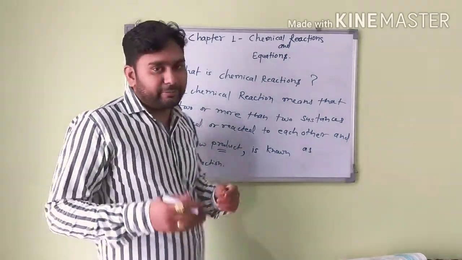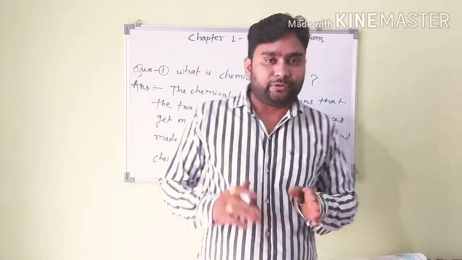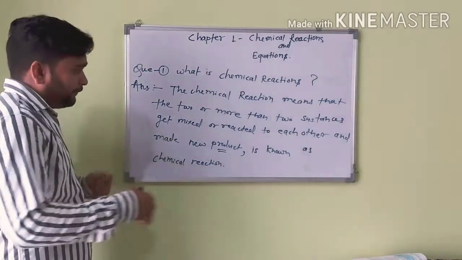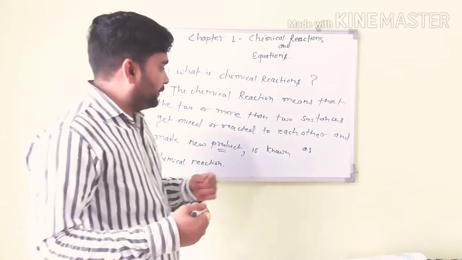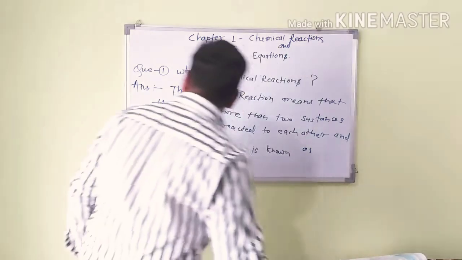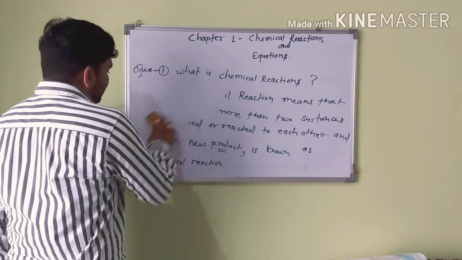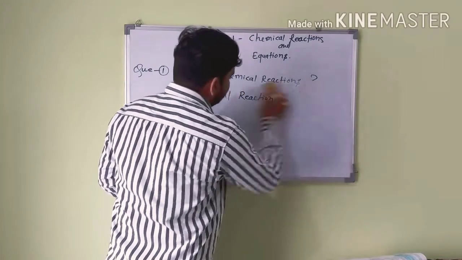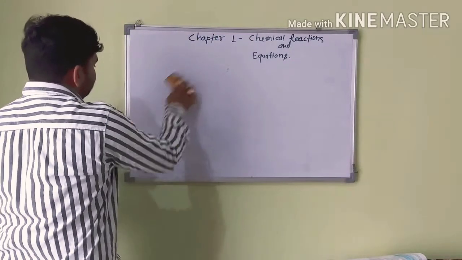Nothing is the same as the substances. So this is a chemical reaction. At that time we have different types of things which can be discussed in this chapter. Let's discuss after that what is actually the meaning of chemical reactions and how these things are performed.